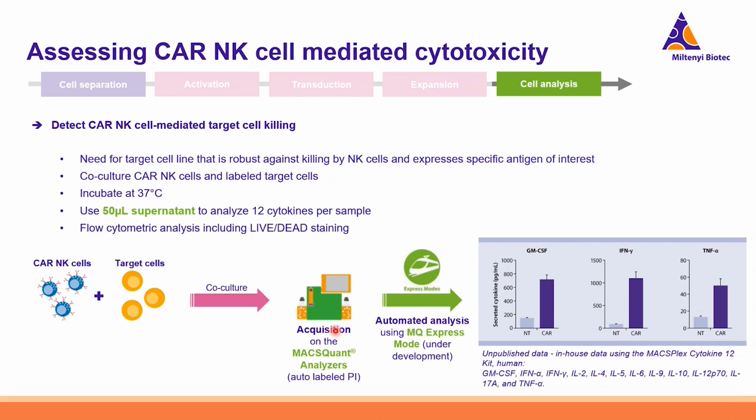However, the MACSPlex kits, which include these 12 cytokines, can be used with any flow cytometer. And here, out of these 12 cytokines, 3 are highlighted, where it could be nicely shown that after co-culture with the target cells, the CAR NK cells secrete an increased amount of GM-CSF, interferon gamma, and TNF.